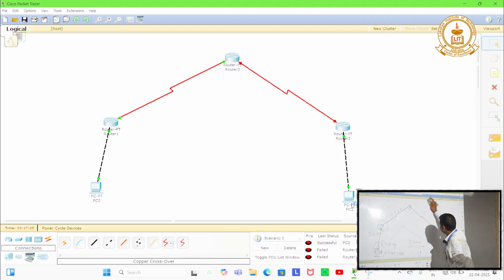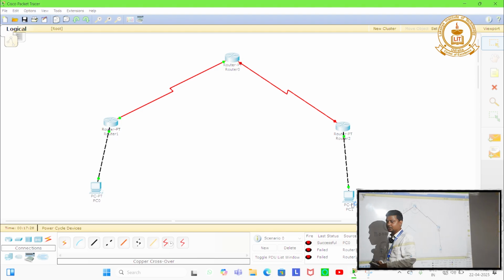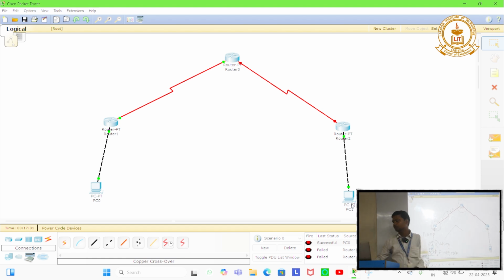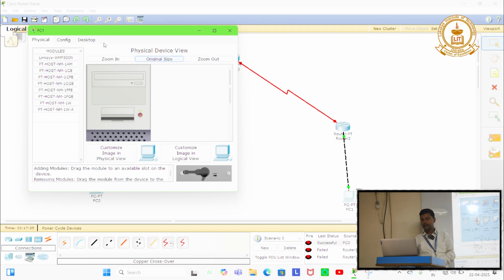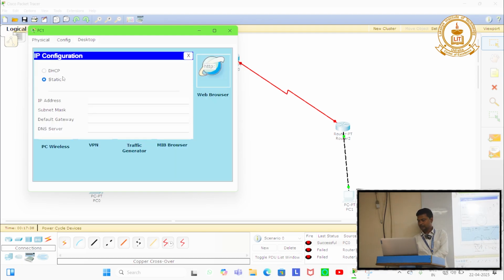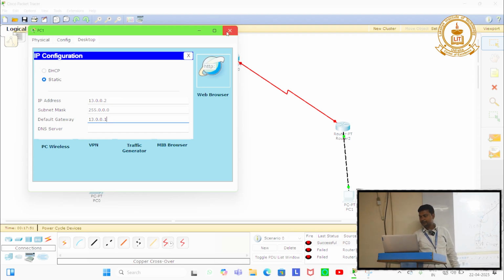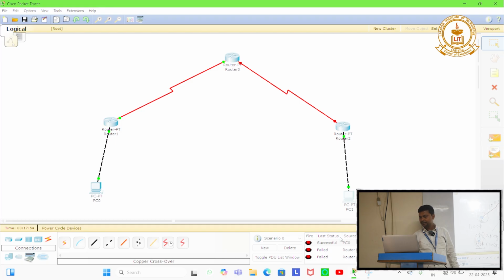So in the LIT part we are configuring the 13.0.0.0 network. In the PC we are using 13.0.0.2. In PC1 desktop IP configuration: 13.0.0.2, subnet mask 255.0.0.0, default gateway 13.0.0.1. Then we ping from PC1 to router, and it is successful.